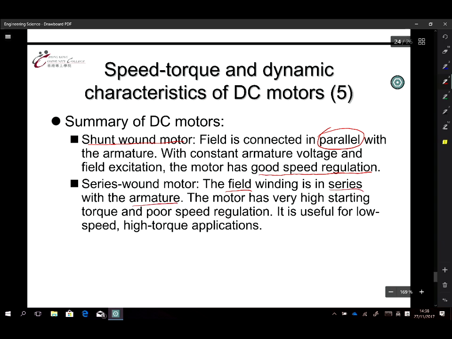This motor has a very high starting torque, but poor speed regulation. Therefore, if you are going to use the series motor, you may consider applications that require low speed and high torque, for example the motor for a lift. Now, any questions so far?